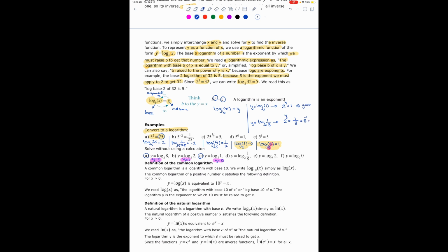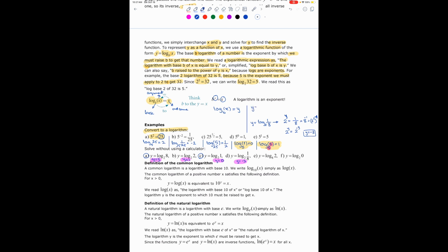So I can rewrite this as 2 to the third power raised to the negative 1. Now I'm going to multiply the exponents together. So I will have 2 to the y power equals 2 to the negative 3 power. By comparison, because the bases are the same, I can conclude that y equals negative 3.